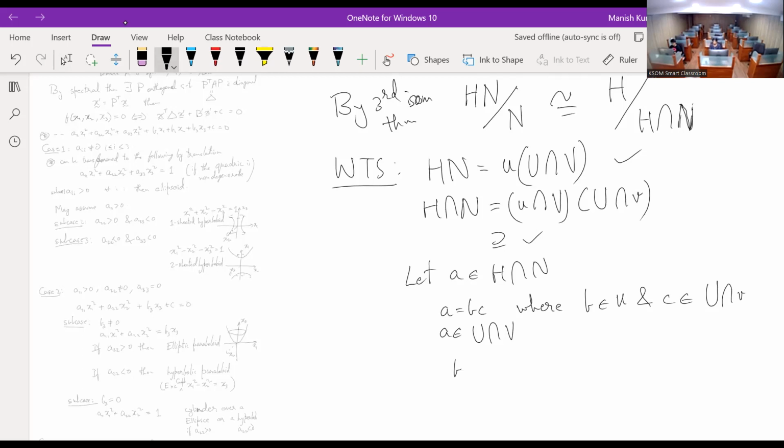B is the same as A C inverse. A belongs to U intersection V. So I want to show that B is in little u intersection capital V. Why is that?